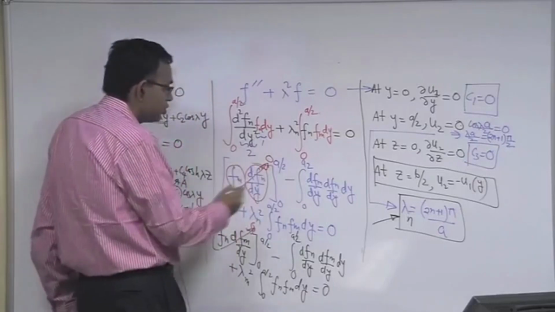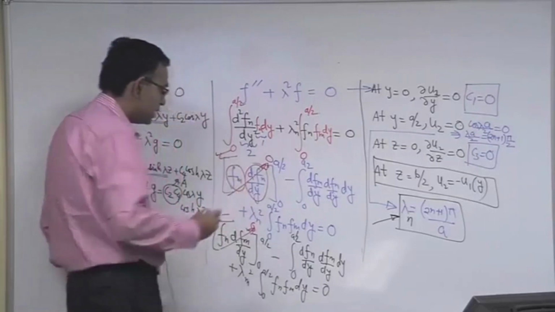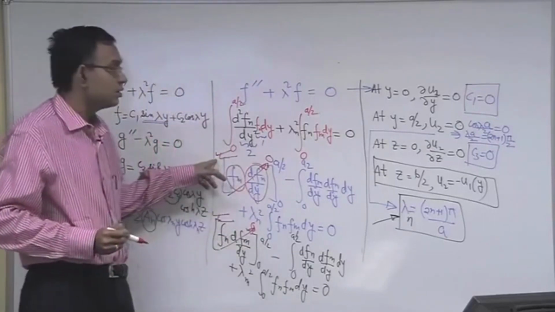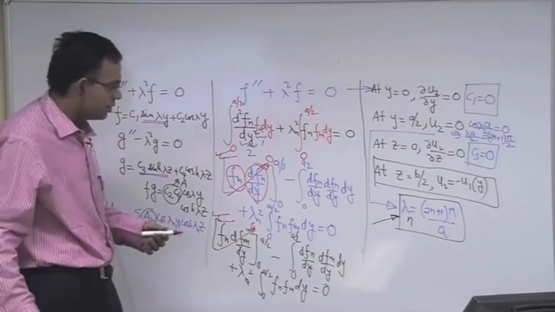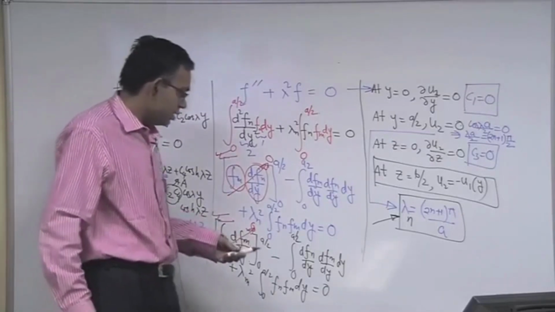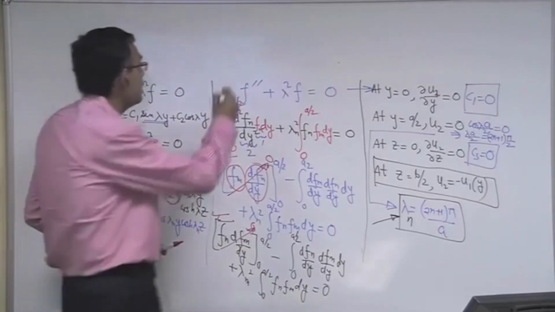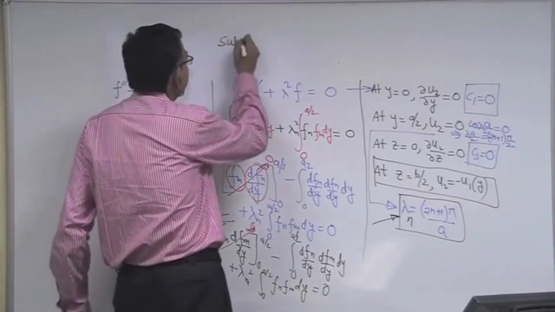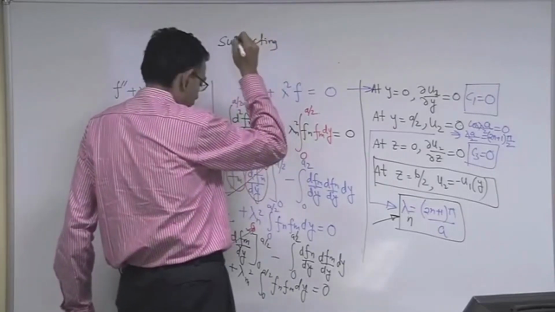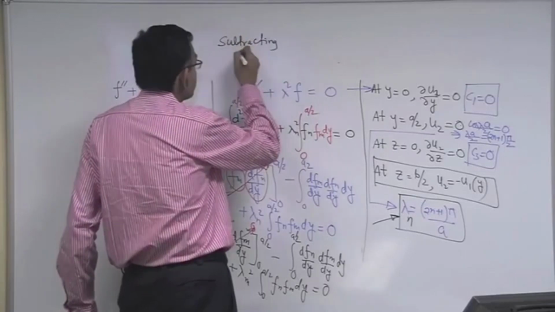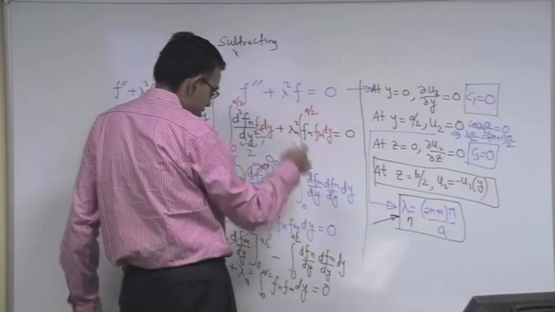Now, you subtract these two equations, the second one from the first one. So, what do you get? Subtracting, this second term gets cancelled.